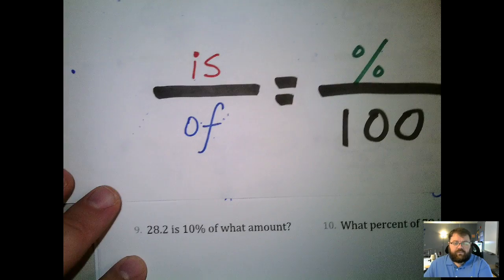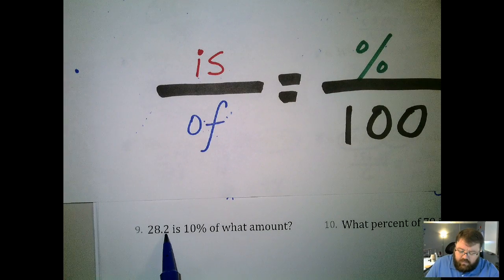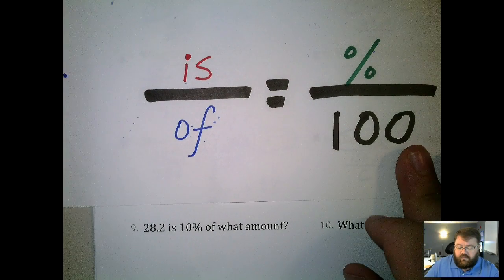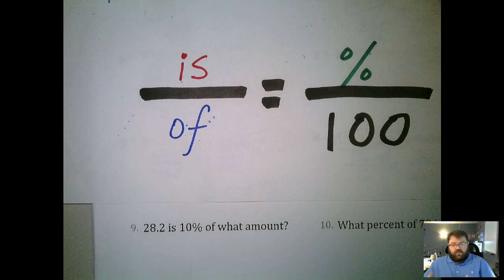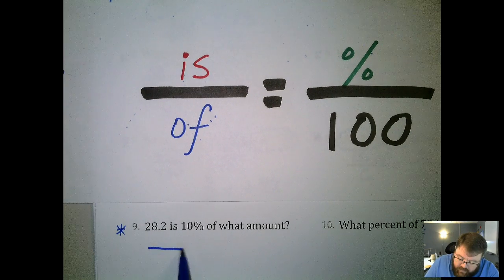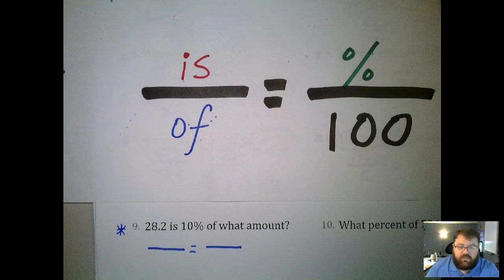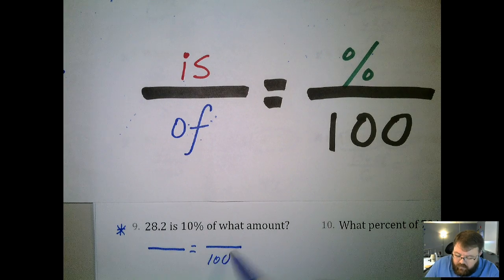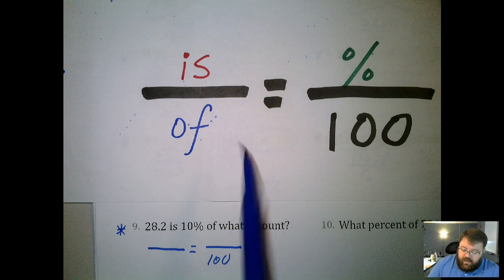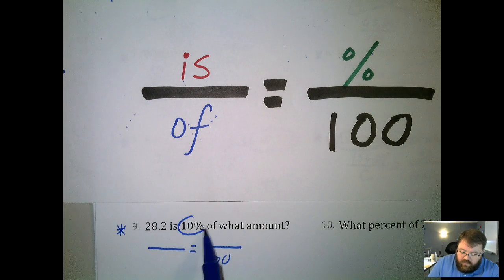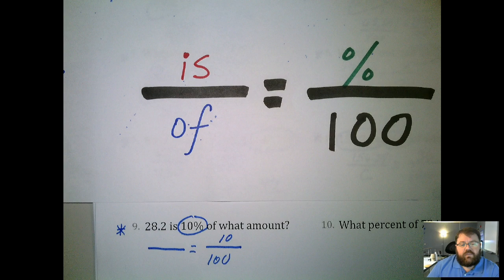Number 9. 28 and 2/10 is 10% of what amount? Pause the video, set up your proportion, and solve it. Next, line equals line. Substitute the 100 because that is your constant. Look for a percent. I have a percent, so I know it goes here.